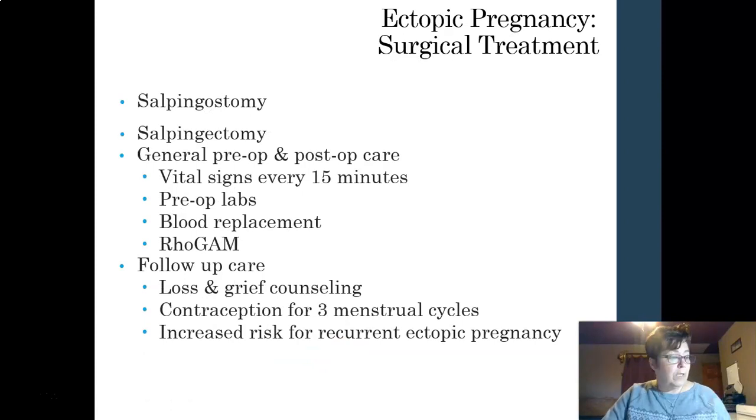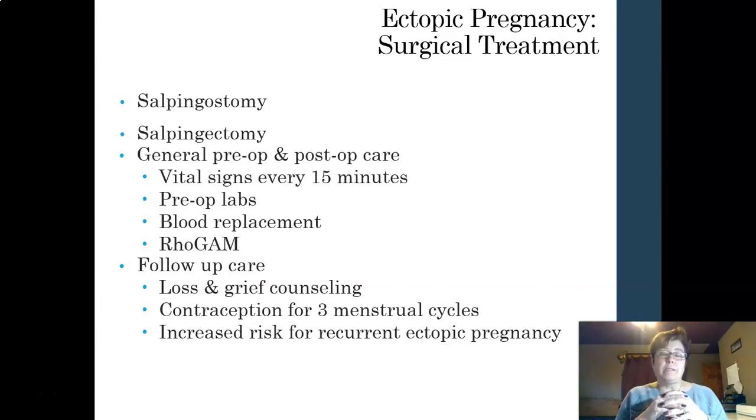Now, more commonly used in the United States is surgical treatment of an ectopic pregnancy. And so which procedure would be done would depend on whether the tube is ruptured or not and the physician. A salpingostomy is when they are going to, both of these can be done laparoscopically.